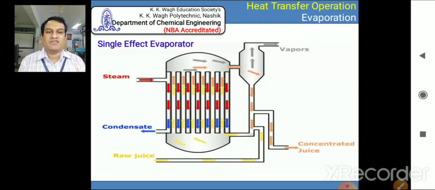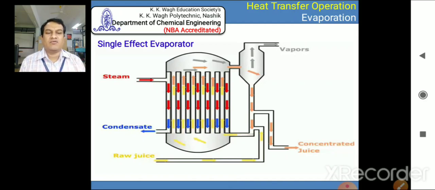The example of thin liquor in this diagram is raw juice. The purpose of evaporation is to increase the concentration from thin liquor to thick liquor. For example, if you have to concentrate the raw juice from 10% to 40%, then we have to evaporate or vaporize the water from the raw juice.